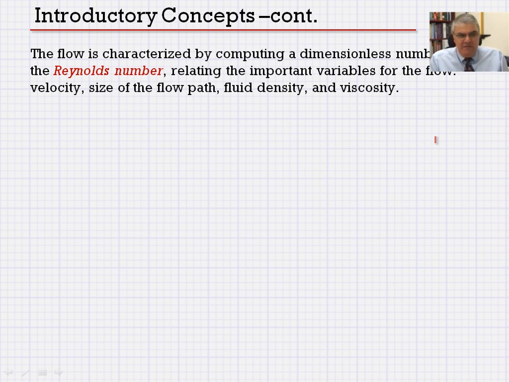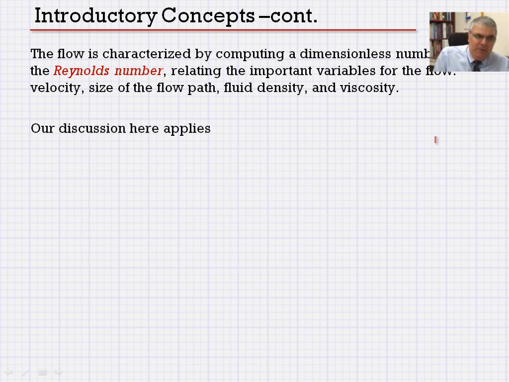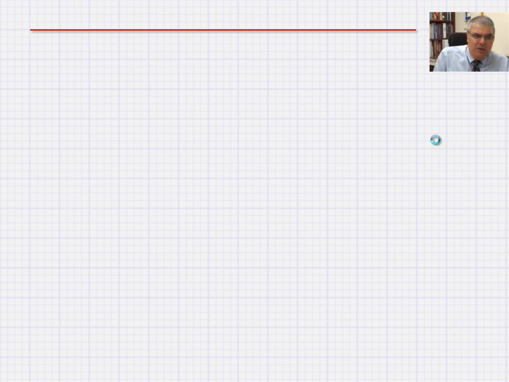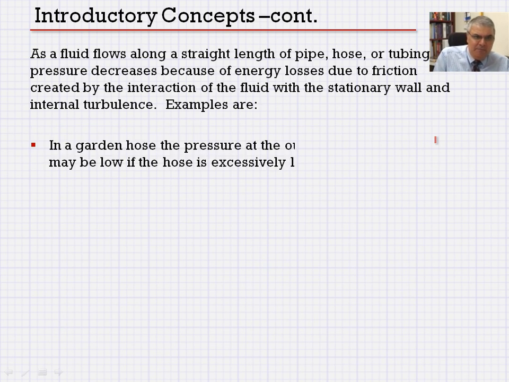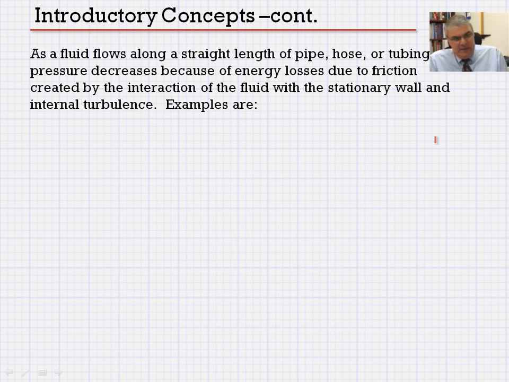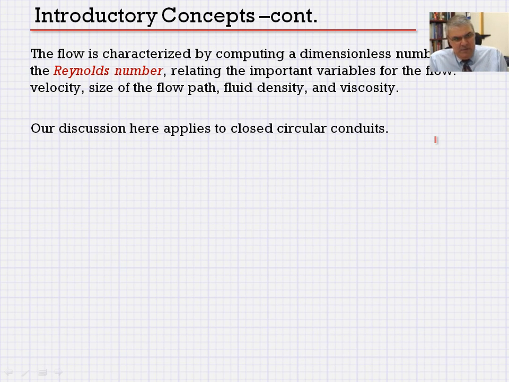It actually relates the variables that are important here, and they've been looked at, and these are listed here. They are the velocity of the flow, of course, this is an average velocity of the flow, size of the flow path, fluid density, and viscosity.